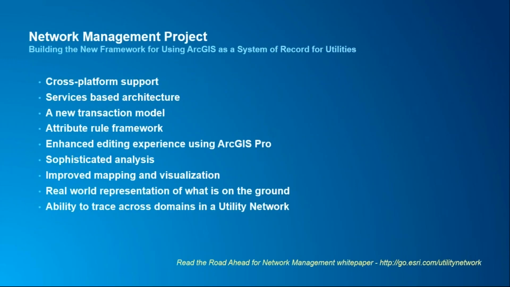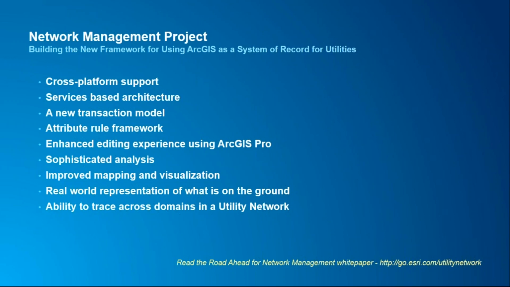So if this is the first time you're hearing about the new utility network, the network management project was put together to solve a number of key challenges or key enhancements. One of the main areas is providing cross-platform support. With the geometric network like we have today, we use ArcMap as our primary tool for editing, and not just a geometric network, but our geodatabase and some of the advanced capabilities for managing that. The utility network is built around the concept of allowing you to analyze and work with the network regardless of the application.